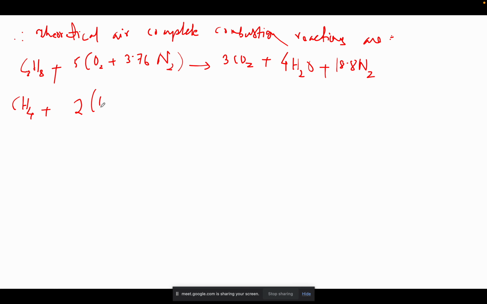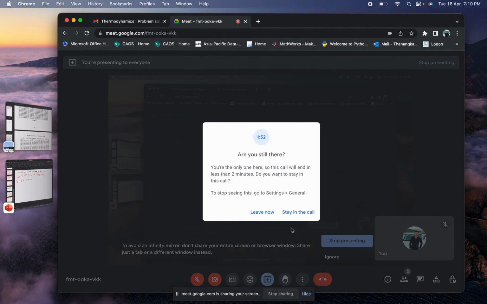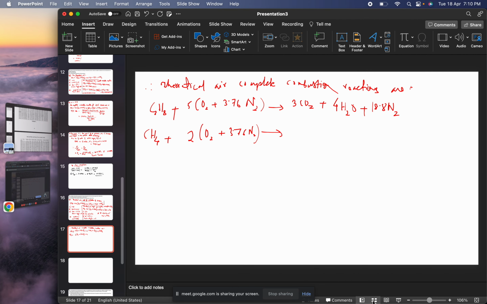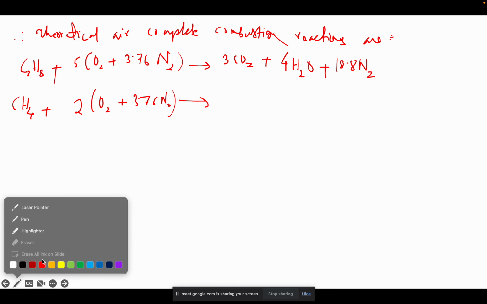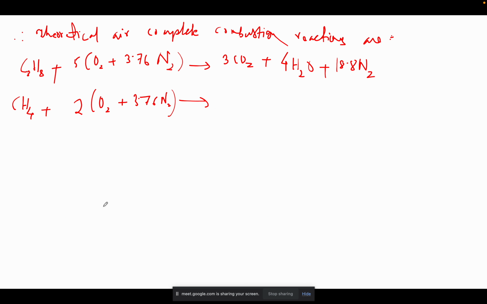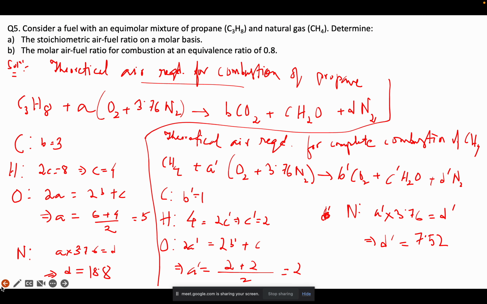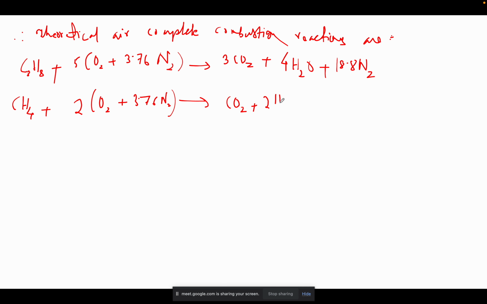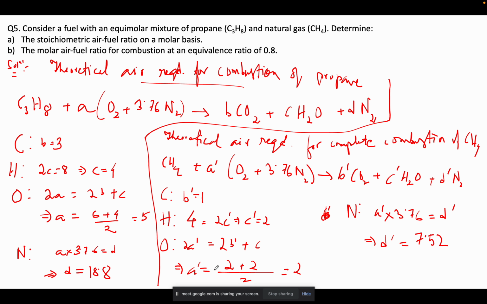So it is 2 into O2 plus 3.76 times N2, and this will give you CO2 plus 2H2O plus, and this is your 7.52 N2.